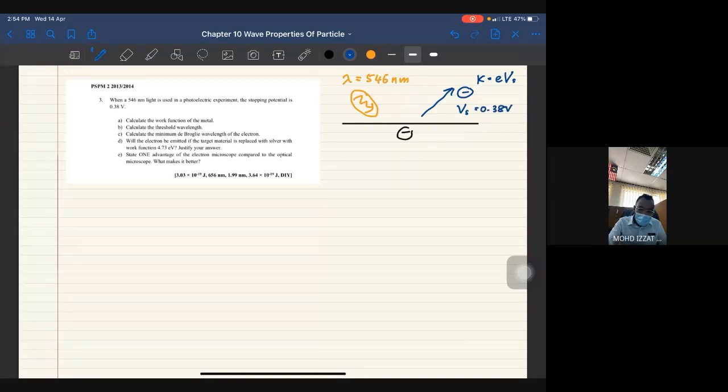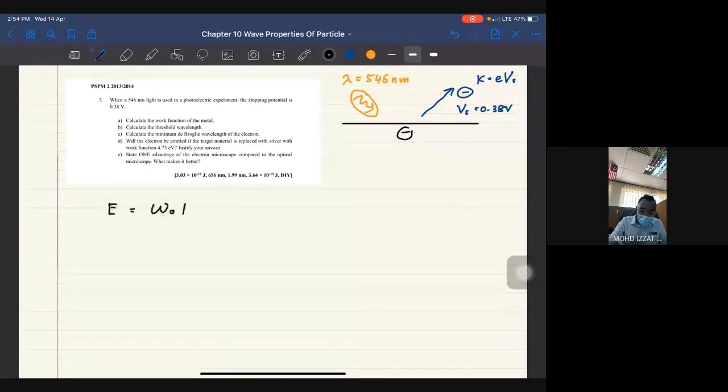Now calculate the work function of the metal. So we can use the Einstein equation where E equals the work function plus the kinetic energy. In this case, you don't have the kinetic energy, but you have the stopping potential. So I rearrange: the W naught becomes E, which is hf.